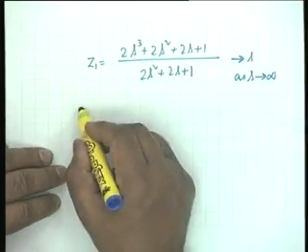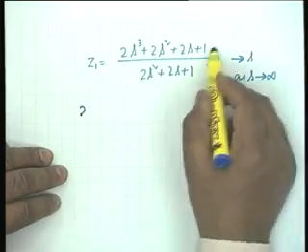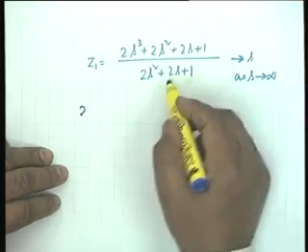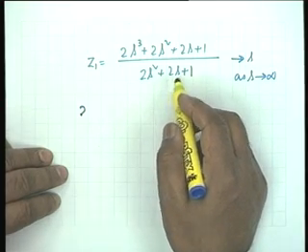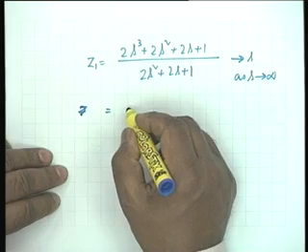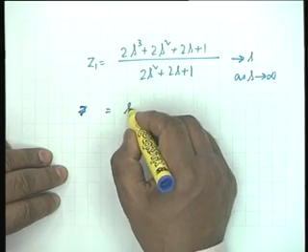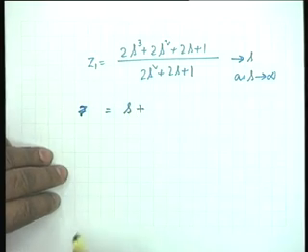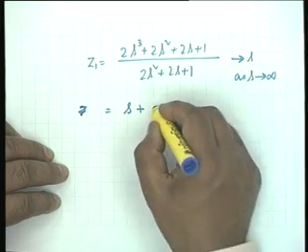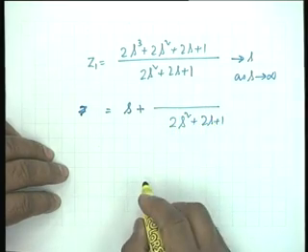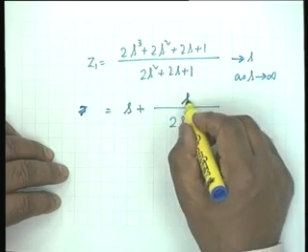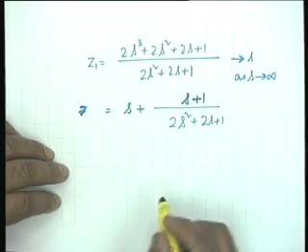What does that mean? It means that we divide the numerator by the denominator and find out the remainder. That means the quotient will be s, and what will be the remainder? s plus 1. All right.